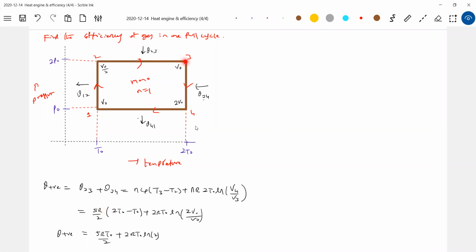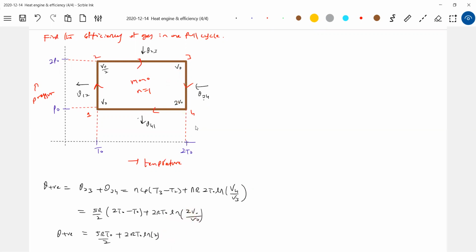Temperature here 2 T naught, T naught. Then isothermal process: nR, temperature of the gas 2 T naught, final volume by initial volume, or initial pressure by final pressure. Since you know the pressures, you can take help of that also. I just indicated volume, so I expressed it in terms of volume.